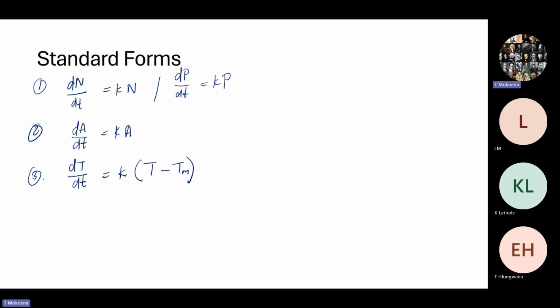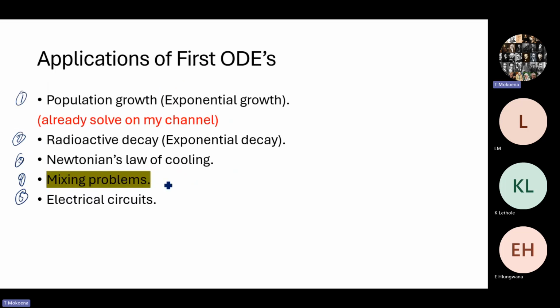And then for number four, we have the mixing problem. Like I said, we'll do it next year if we're going to have to repeat our maths. And then for number five, we're going to look at the electrical circuits. The standard forms for this one, I'll do them later, if not tomorrow, because this one needs its own focus as it has a lot of things involved.